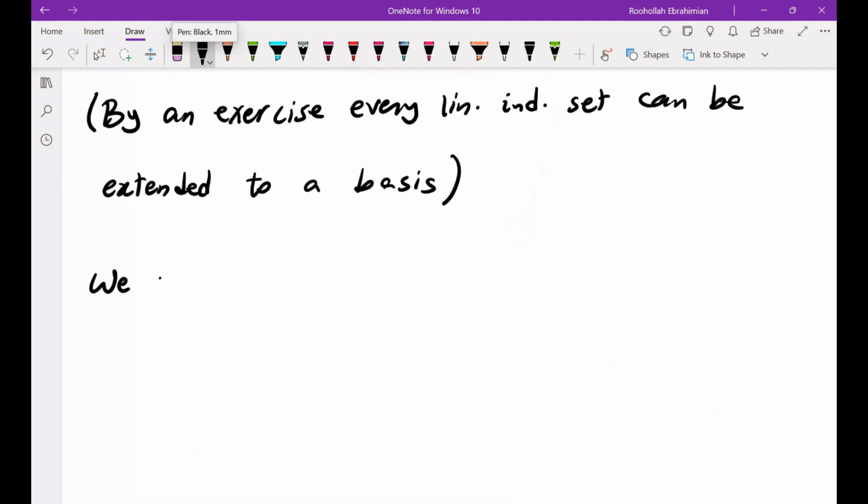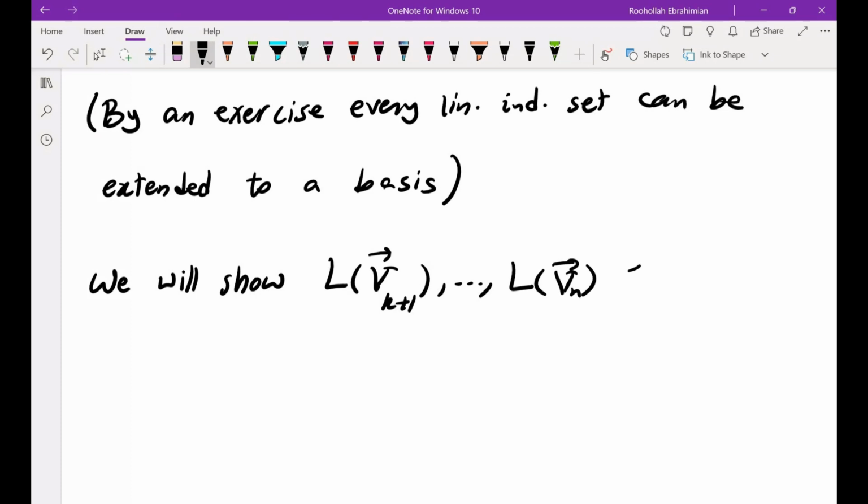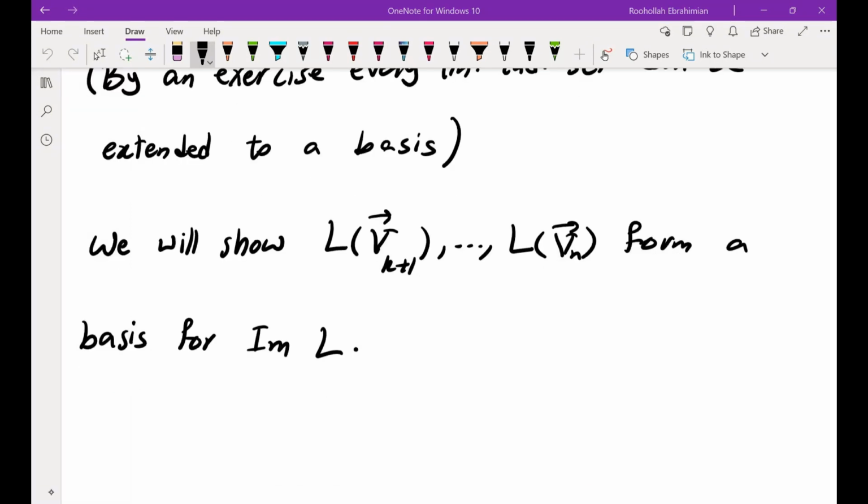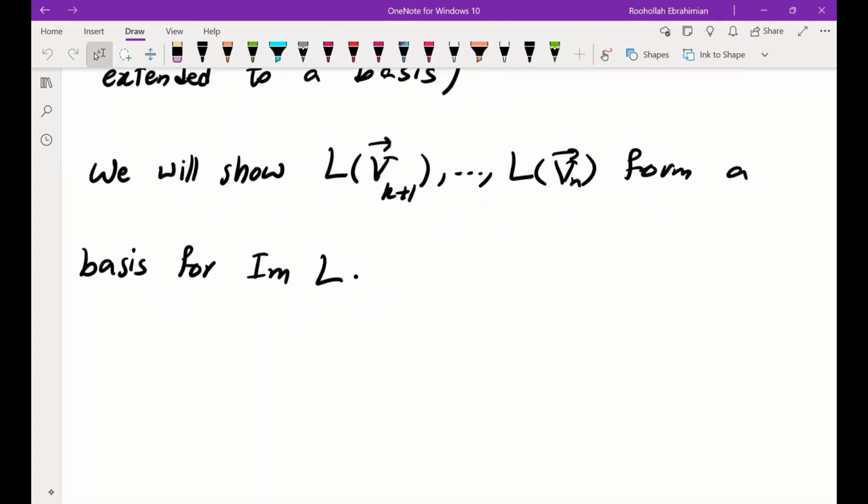So we will show that L of vk plus 1 all the way to L of vn form a basis for the image of L. And if I do that, then I'm basically done, because that means the dimension of the image would be n minus k, and the dimension of the kernel is k, so the total becomes n. In order to show it's a basis, we'll have to show it's linearly independent, and they also span the image of L. So let's just start from linear independence.